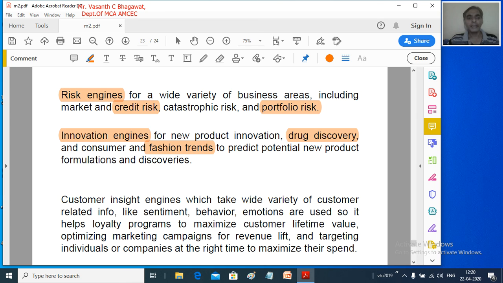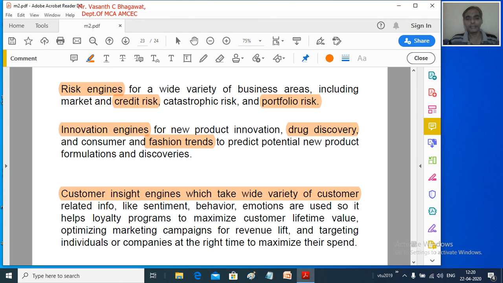Similarly, the customer insight engine is another important thing. Each organization tries to study the sentiment of the customers, their behavior or emotions, and give some lifetime offers and discounts.